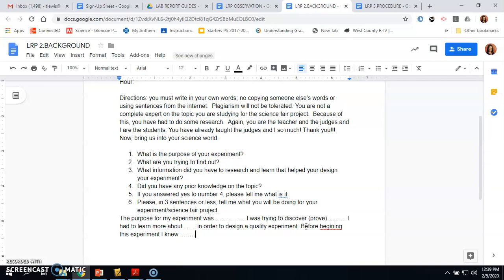Next sentence. You're going to say, for example, I understood all plant cells have a cell wall, but I did not realize one of the substances that helped form the cell wall was cellulose.